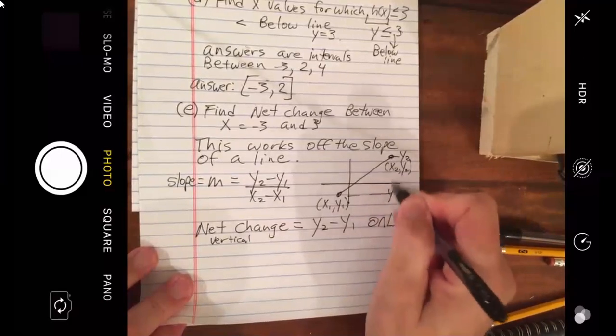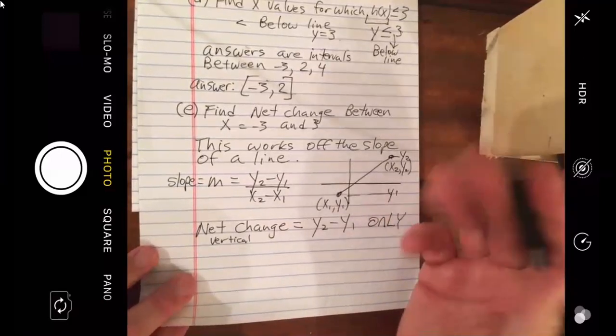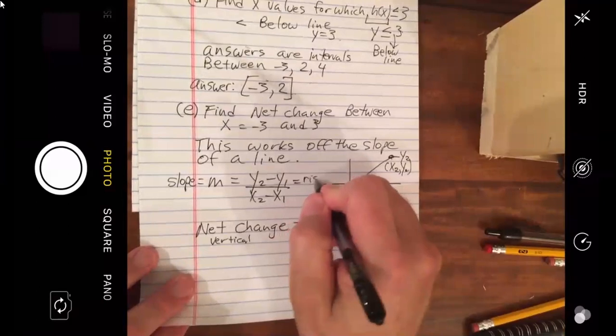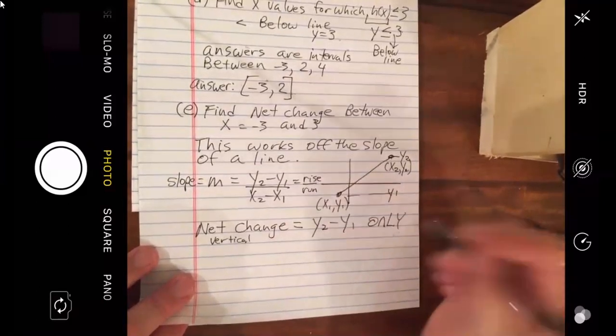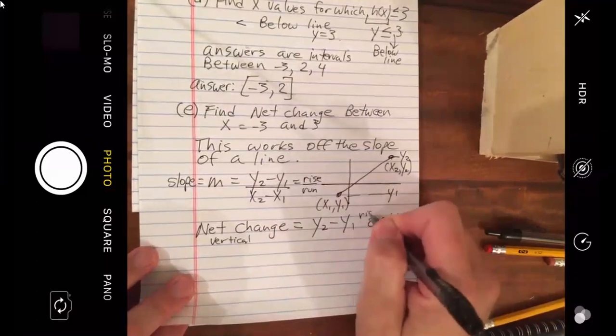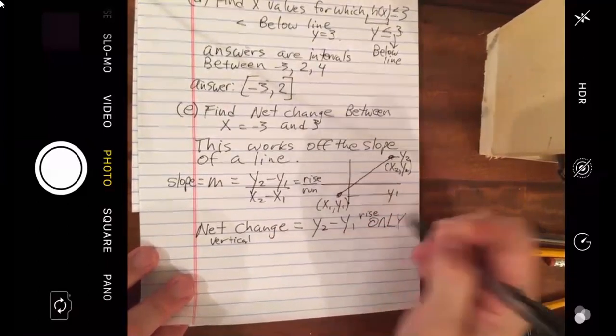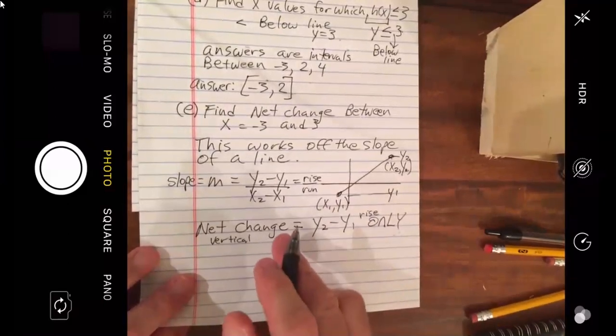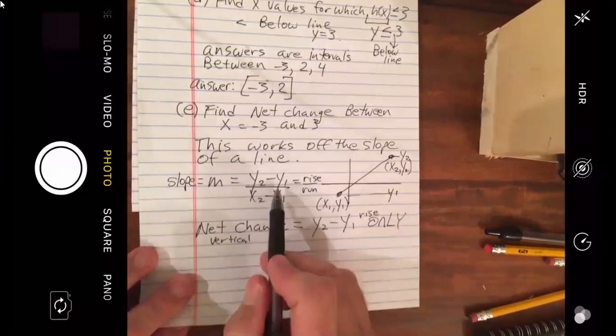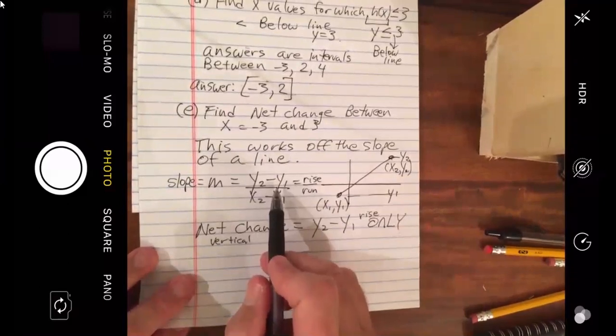This difference is your vertical change. They also call it rise. It's rise over run, if you've heard those two words. Yes, rise over run. Okay. In fact, it's the rise only. The net change is half of a slope problem. It's just the top half. That's all it is.